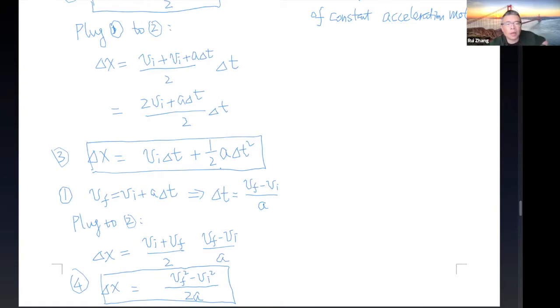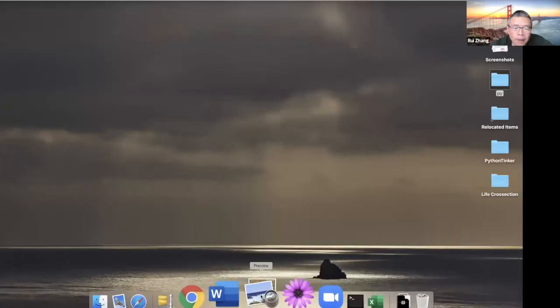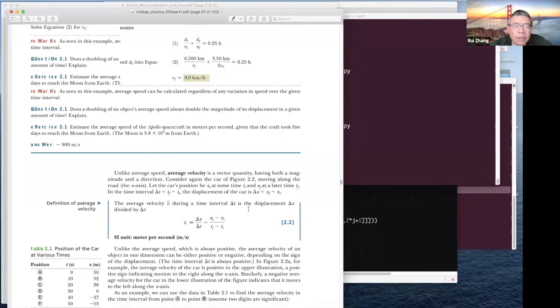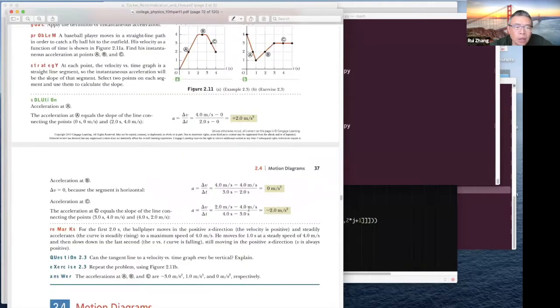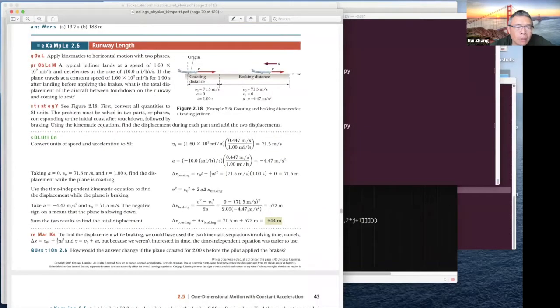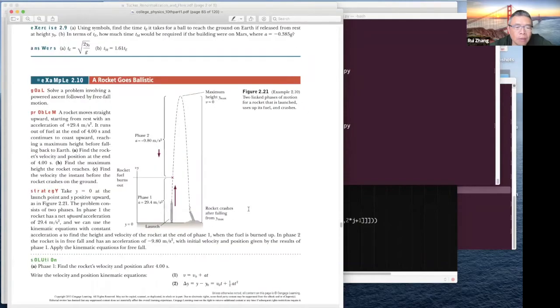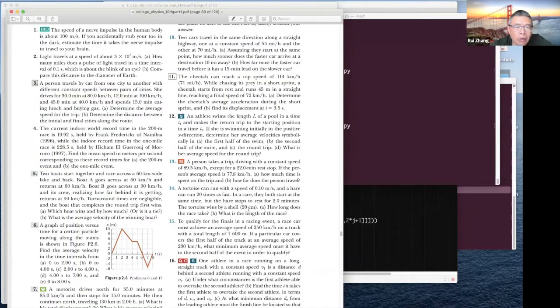Now, in the book, they summarize these formulas toward the end of the chapter, right before they give the problems. Let's see where they are. Okay, I think it's here.